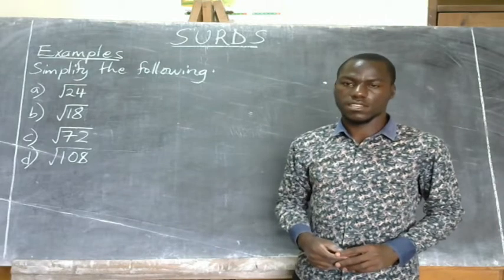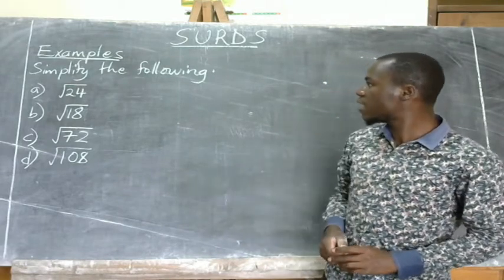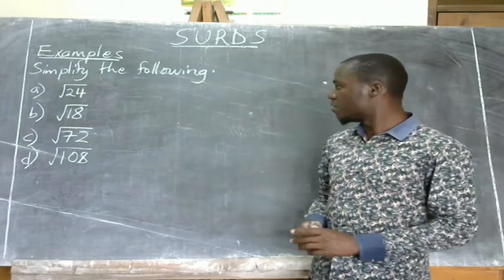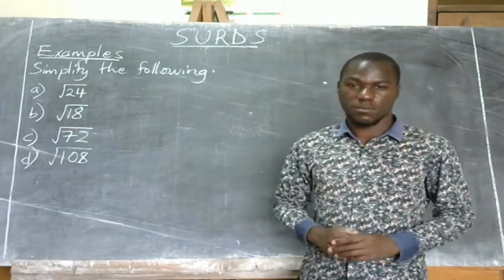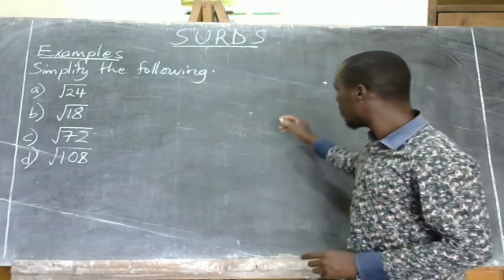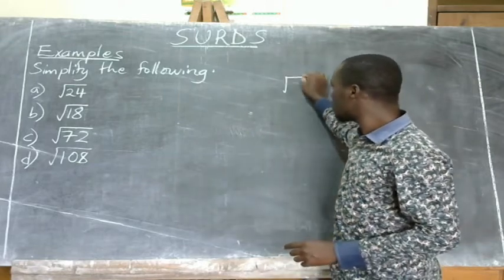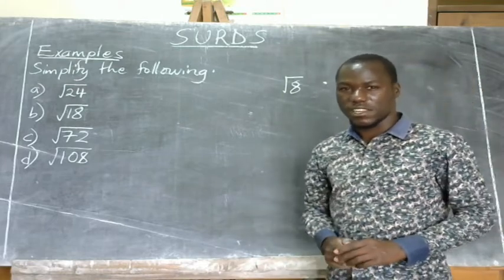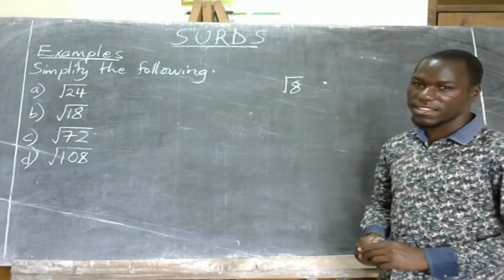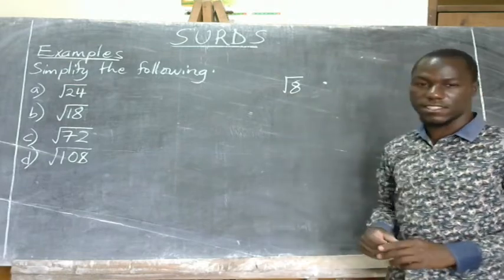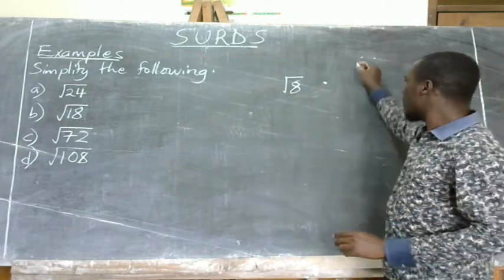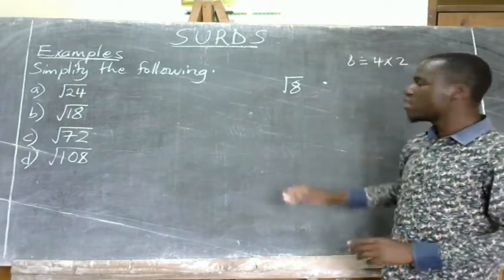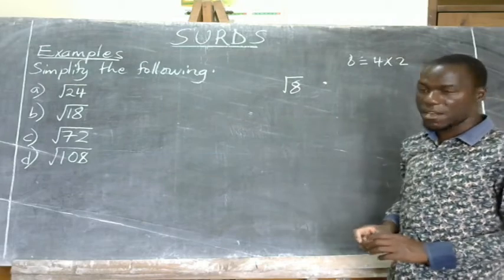We are going to start with simplifying the surds, that is, reducing them into the simplest form. For example, if I have my root of 8, step 1, I'm going to identify any square number under that 8. So 8 is the same as 4 times 2. This 4 is a square number.